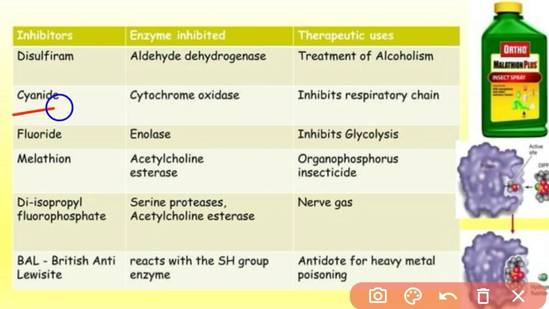Then the next example, cyanide. Cyanide inhibits cytochrome C oxidase activity.